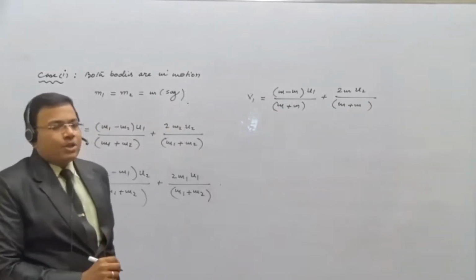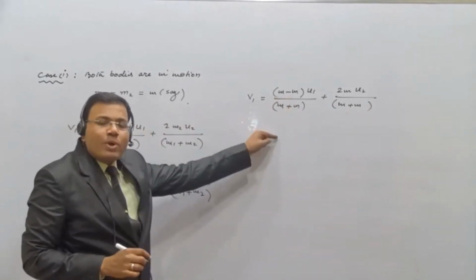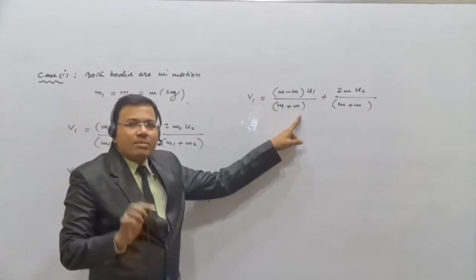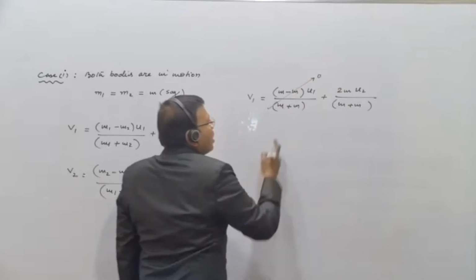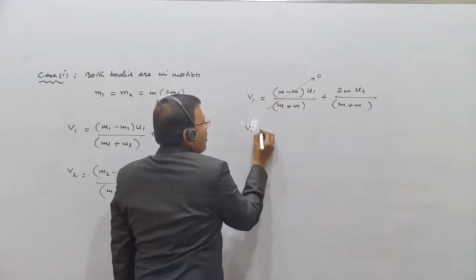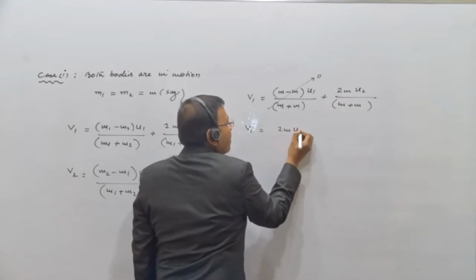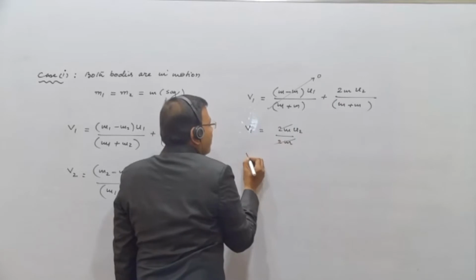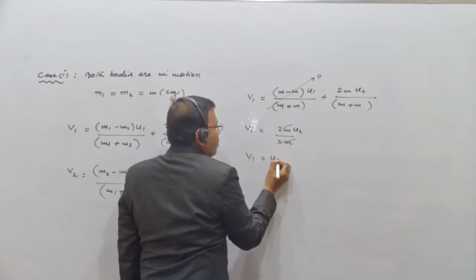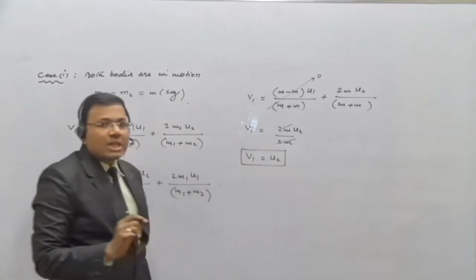Now students pay attention, this m minus m is 0, 0 into u1 is 0, 0 divided by something, the complete term becomes 0, ये 0 बन गया। When this is 0, v1 is equals to 2m into u2 by m plus m, that is also 2m, 2m get cancelled, v1 is equal to u2.